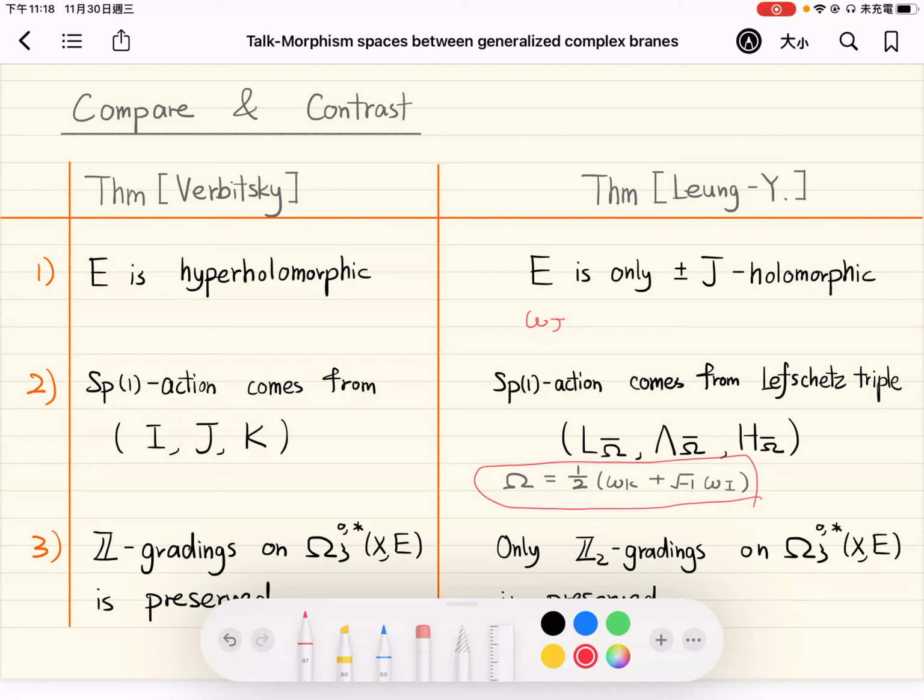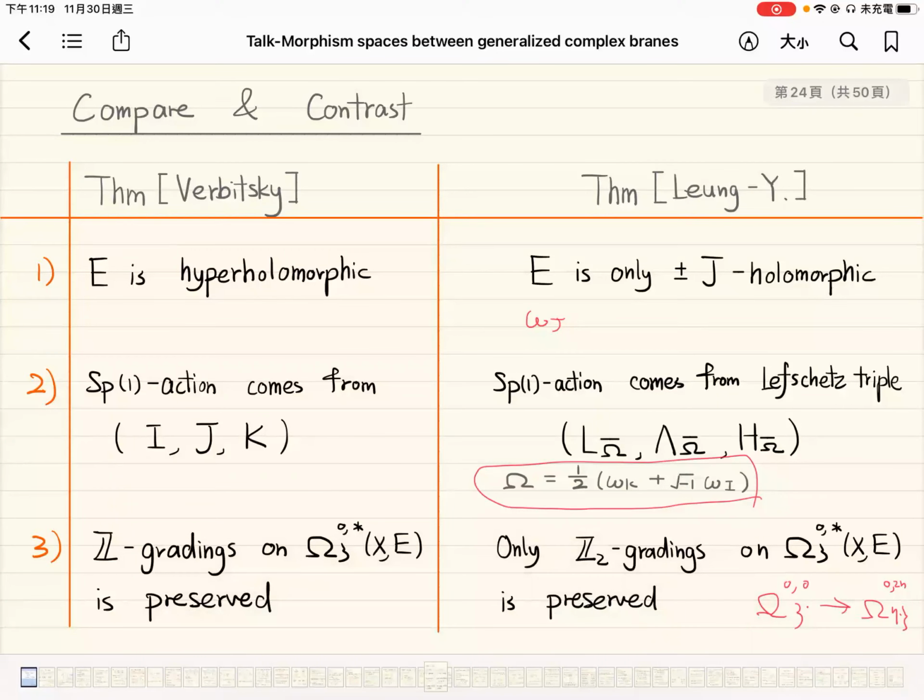The third difference is that in the theorem of Verbitsky, Z2 gradings are preserved. But in our case, only Z2 gradings are preserved. So that means sometimes you get a 0-form, and then after the action, it goes to another degree, for example 0 to n. Let me give a concrete example of why the grading is not preserved.